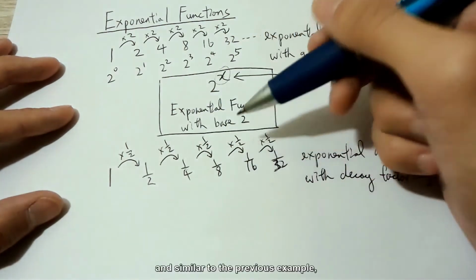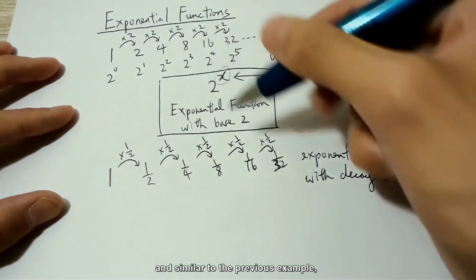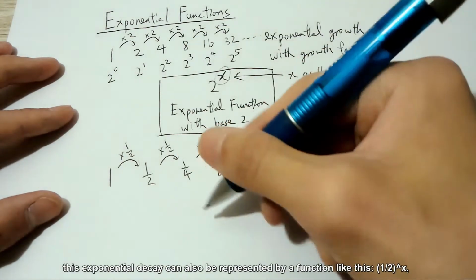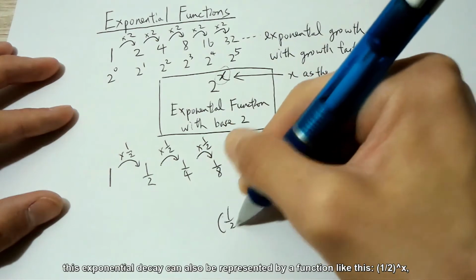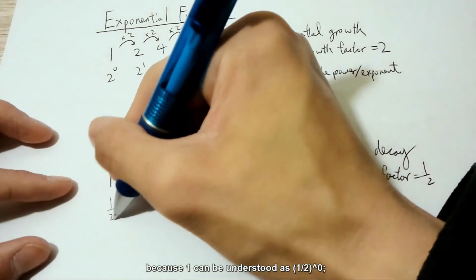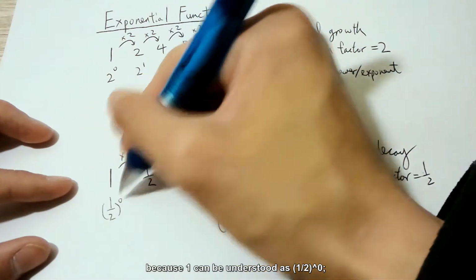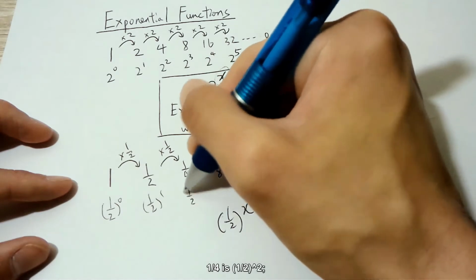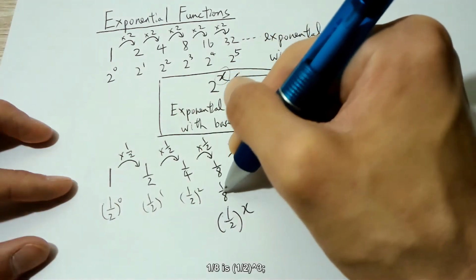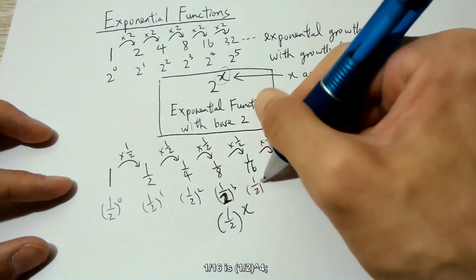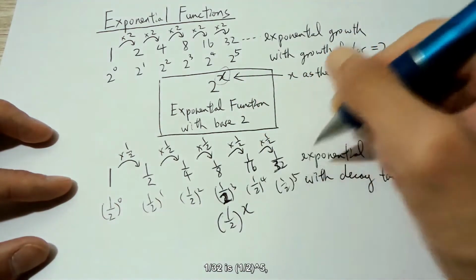And similar to the previous example, this exponential decay can also be represented by a function like this, half to the power x. Because 1 can be understood as half to the power 0, half is half to the power 1, 1/4 is half to the power 2, 1/8 is half to the power 3, this one is half to the power 4, half to the power 5.